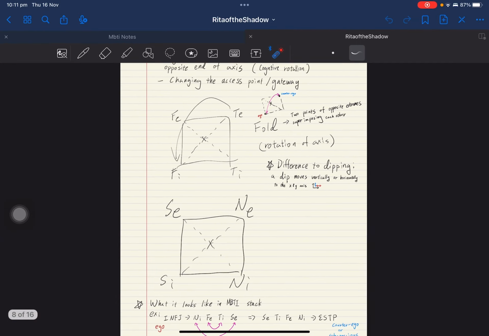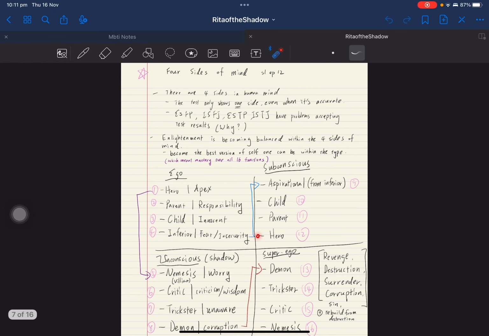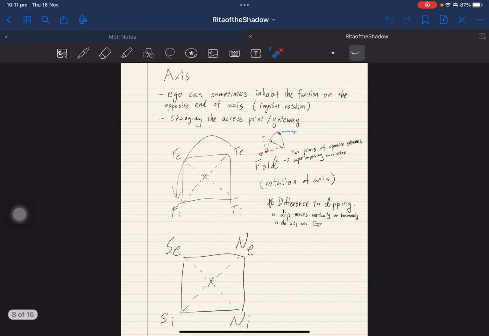So how do we know it goes this way? What is the justification? Well, that is because the cognitive functions lie on something called an axis. So it's basically like this. You have your feeling on one side, top is extroverted, bottom is introverted, and thinking on the other side.